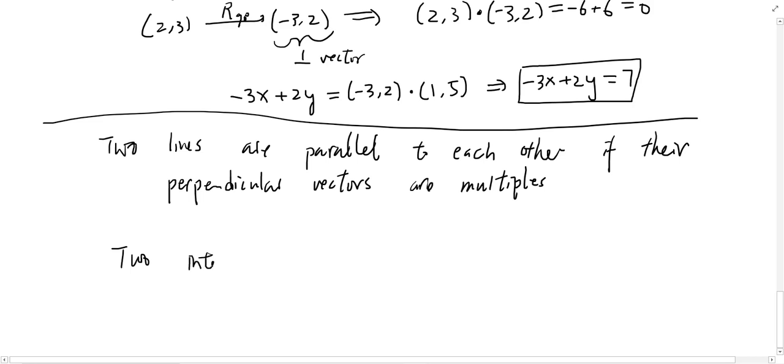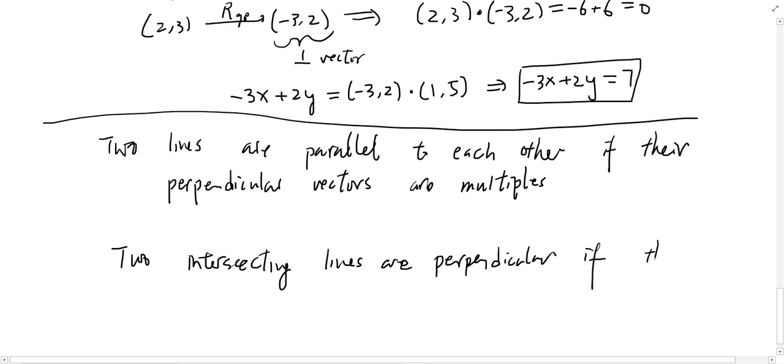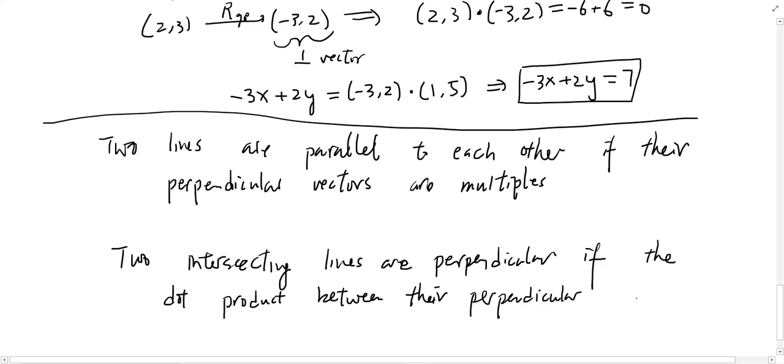Two intersecting lines are perpendicular to each other if the dot product between their perpendicular vectors is 0.